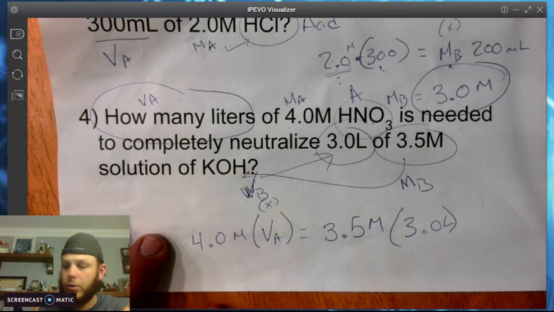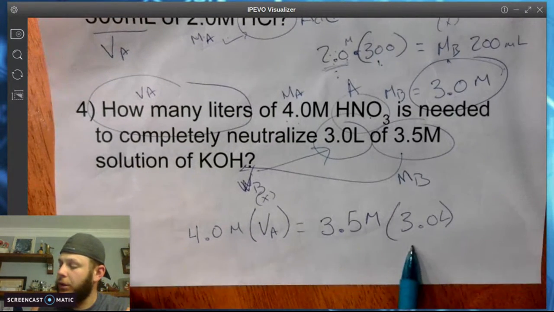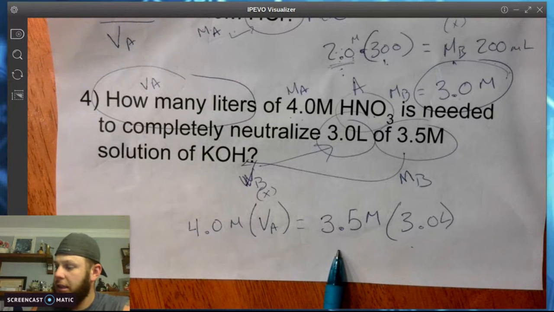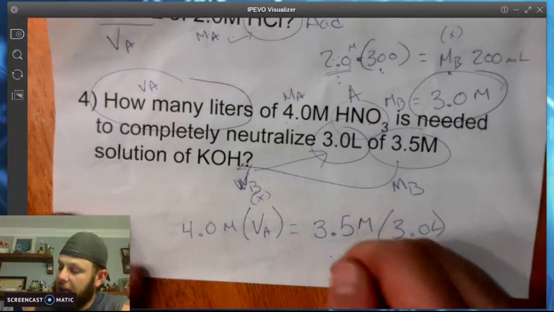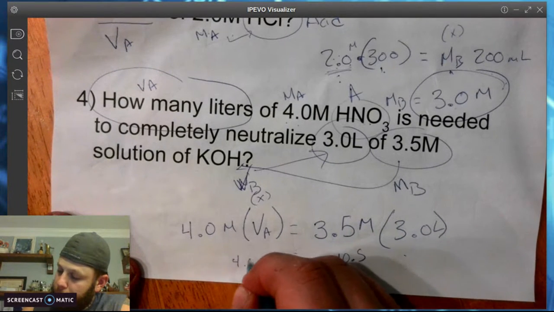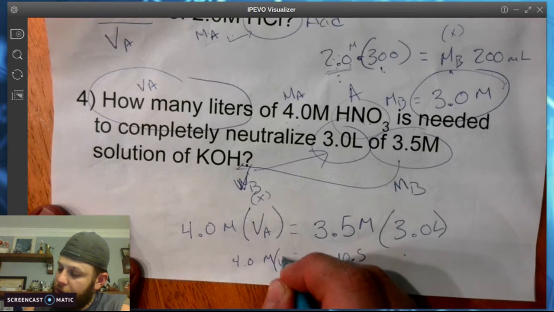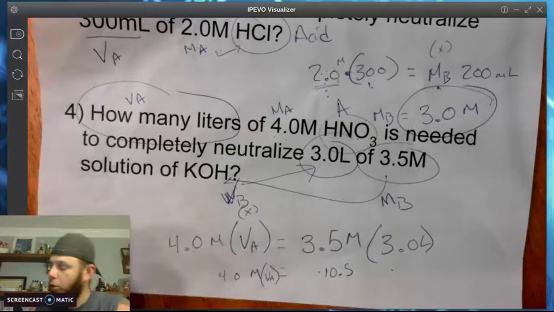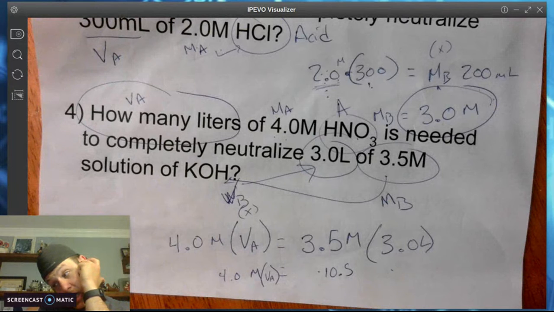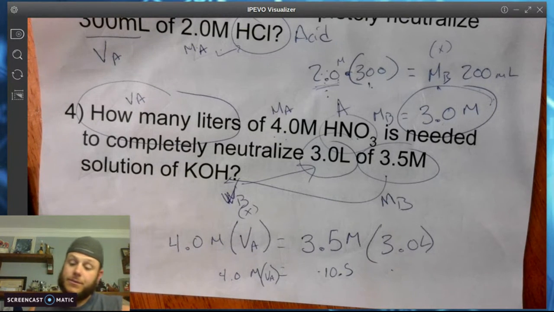So what does it equal? Let's do some mental math. 3 times 3.5 is 10.5. So 10.5 equals 4.0 M times VA. What's 10.5 divided by 4?